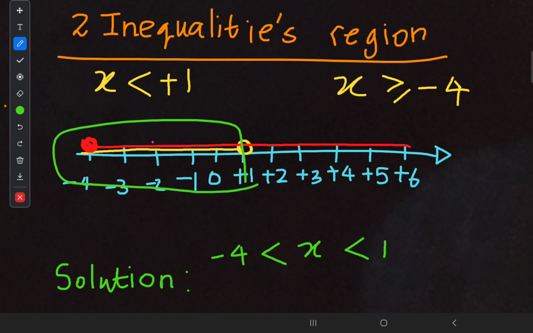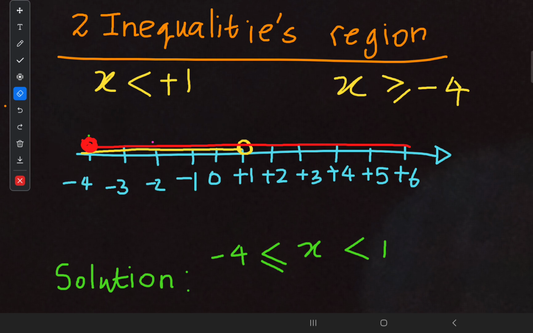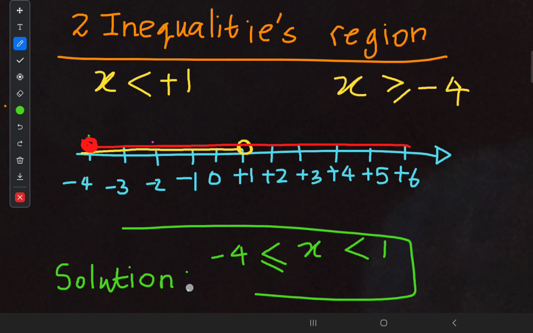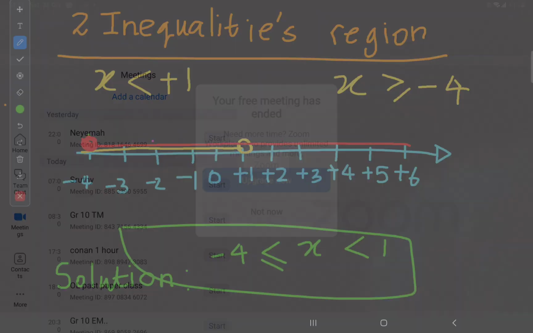Here you can see in the inequality the colored circle, so it shows which is equal, and here there is no colored circle, only the circle, so no need to mark any equal mark. That's all for our solution for these inequalities.